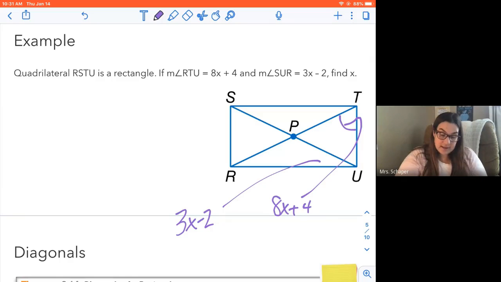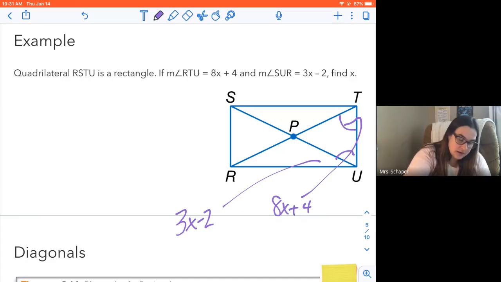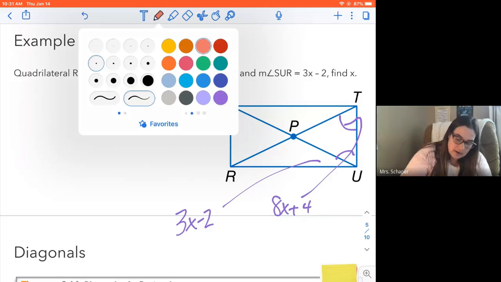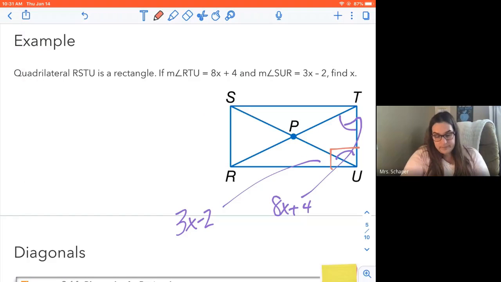We also know that RTU and TUP are congruent angles because PT and PU are the same measurement, because the diagonals bisect each other. It makes it the isosceles triangle theorem, right? And so we can say that those are congruent. We also know that angle RUT, this angle right here, let me switch up colors a little bit because I know it can be confusing, is 90 degrees.